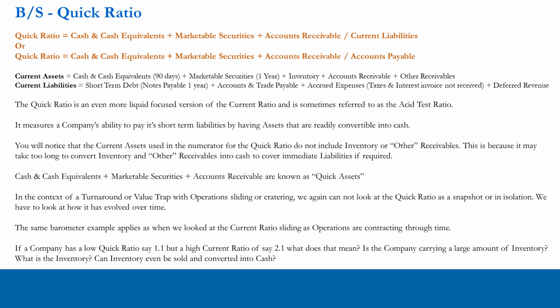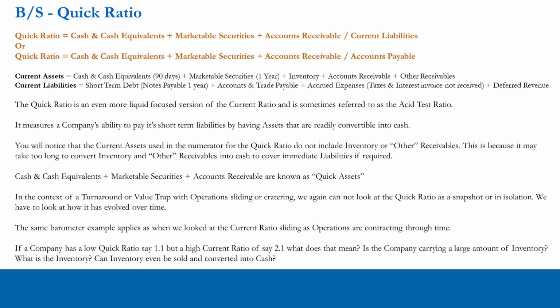Now, if you look at both of these numbers, the current ratio and the quick ratio, and you find that a company has a low quick ratio, say 1.1, but a high current ratio of say 2.1, what does this mean? Well, it's the difference in the way the calculations are done. So we would zoom in on the differences and look to see if the company is carrying a large amount of inventory. And what is the inventory? And can the inventory even be sold and converted into cash?